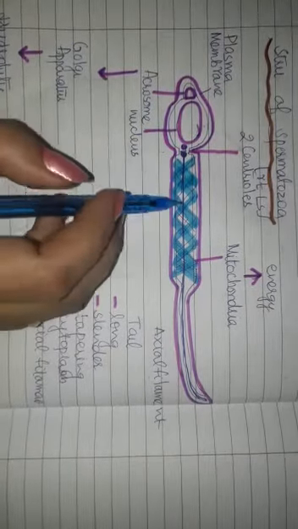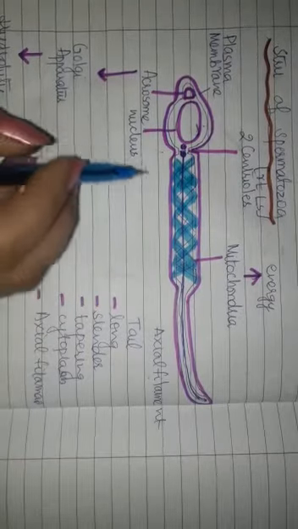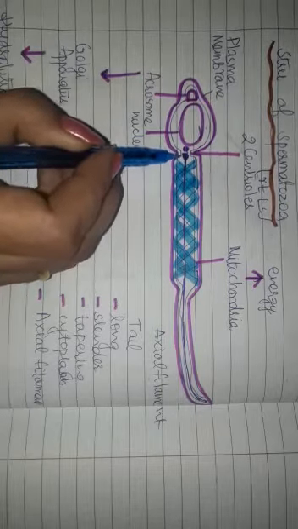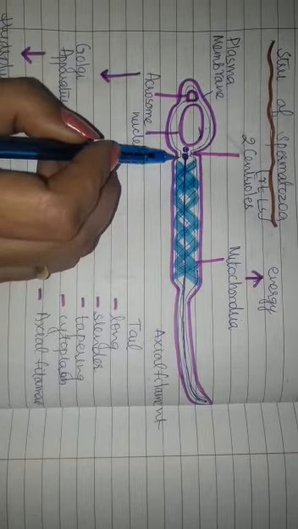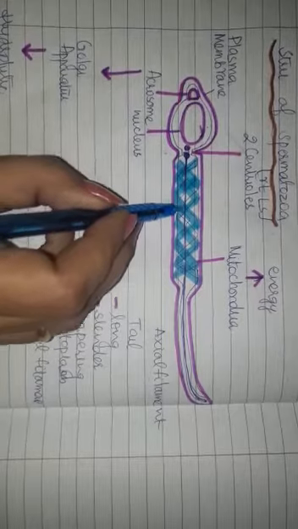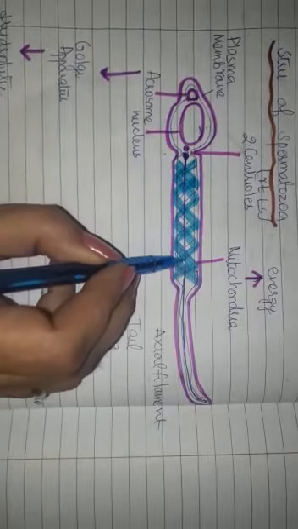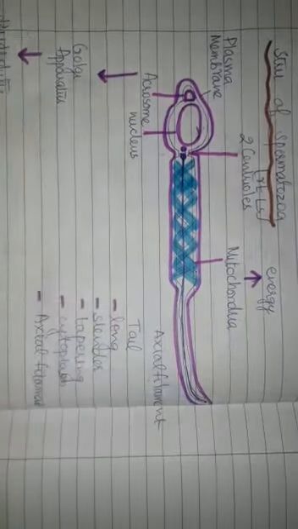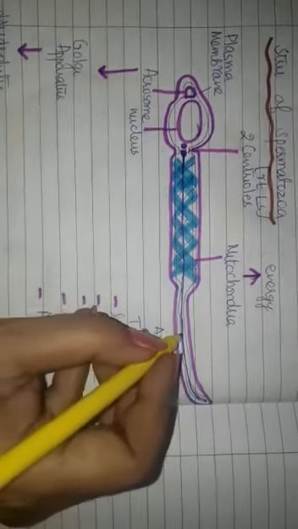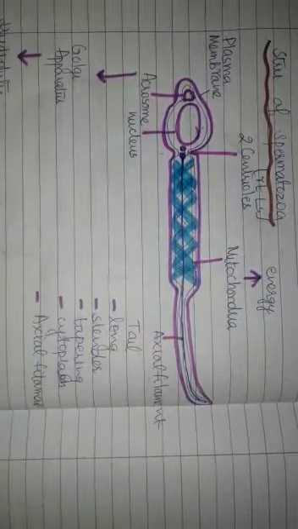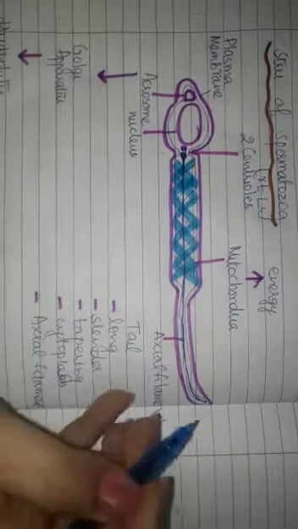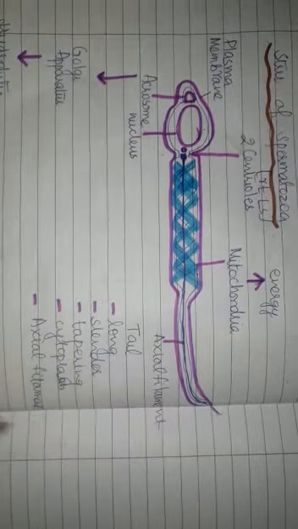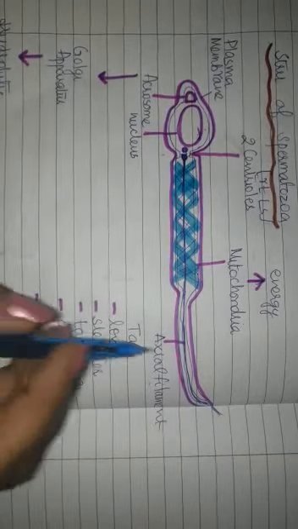The axial filament is a fine thread which arises from the posterior centriole. It travels through the middle piece and the tail, right up to the end. Sometimes this axial filament may also project beyond the tail.